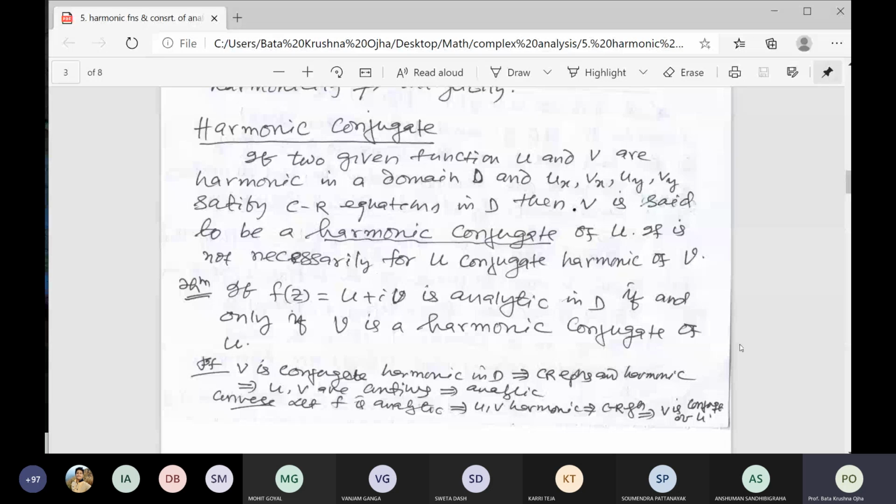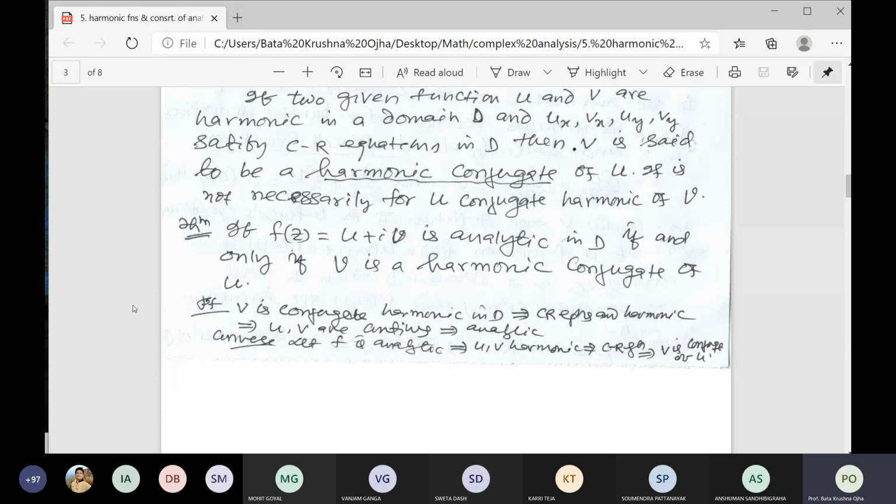So now, f(z) = u + iv is analytic in domain D if and only if v is a harmonic conjugate of u. That is the result, and I have given a short proof.